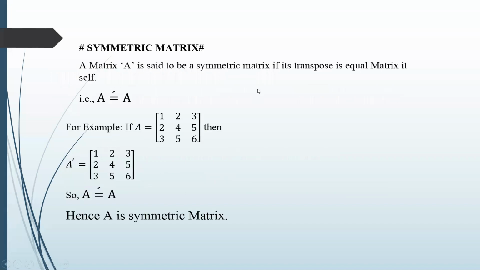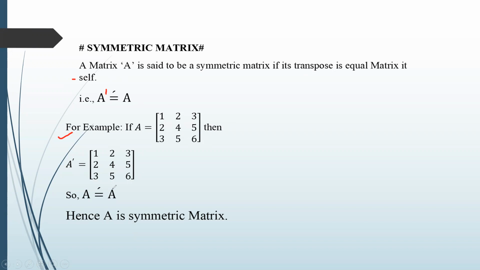Now we go for the next, symmetric matrix. A matrix A is said to be symmetric if its transpose is equal to the matrix itself. That is, A transpose is equal to A. Then we say that this matrix is symmetric. For example, if we have a matrix A equal to 1 2 3, 2 4 5, 3 5 6, then A transpose will be, now we interchange the first row with the first column.